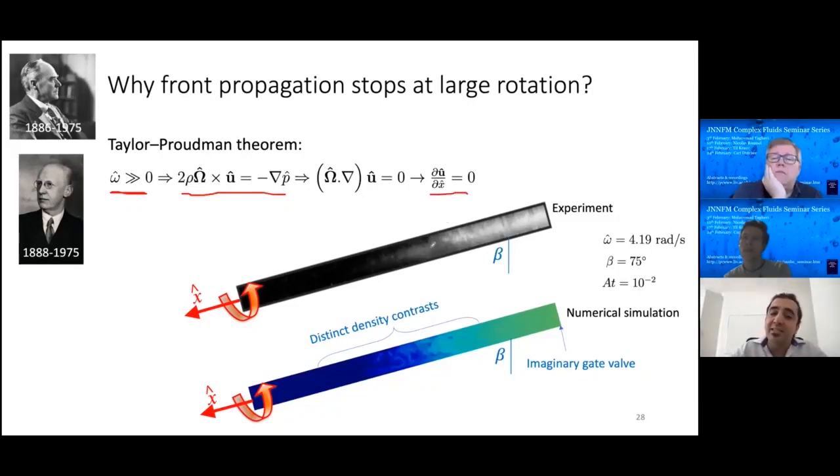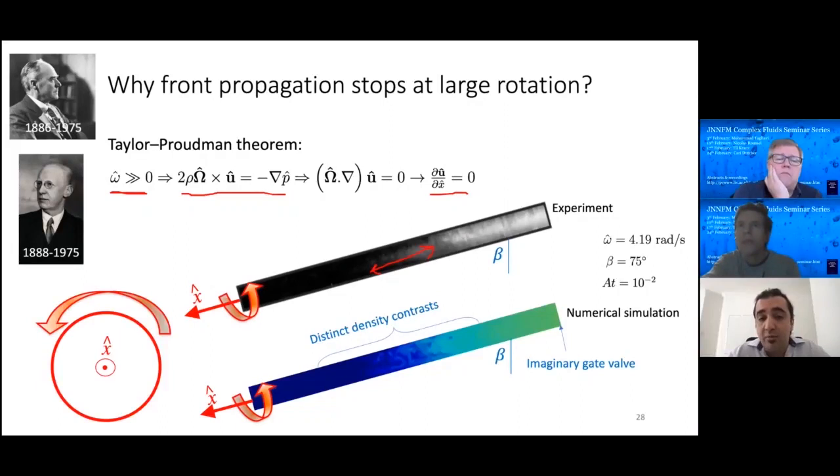This means that there is an axial rigidity in the flow, a columnar structure that stops the larger-scale motion of the front.